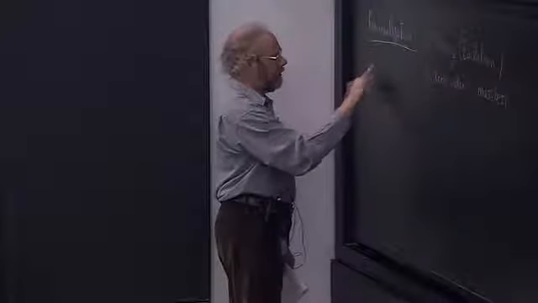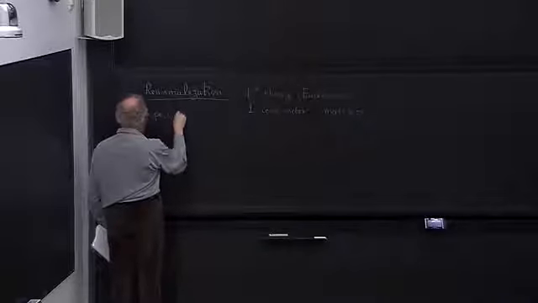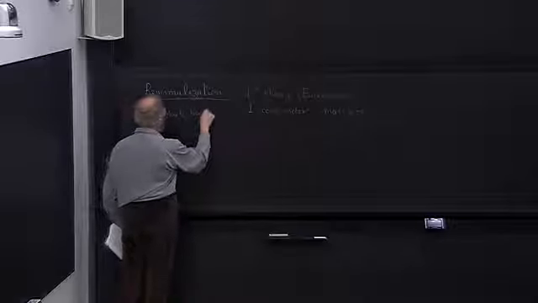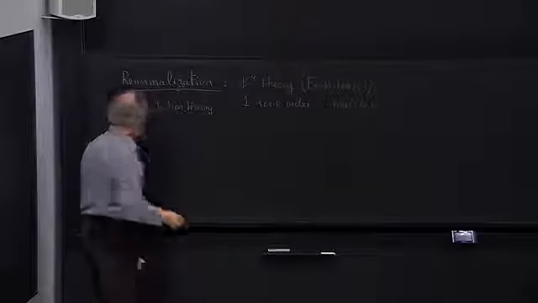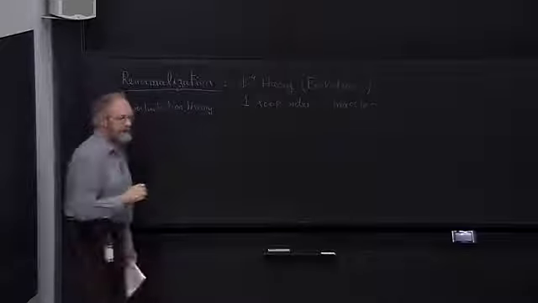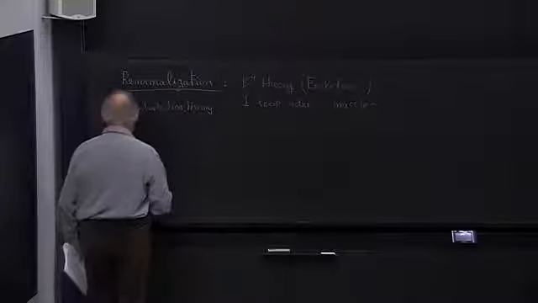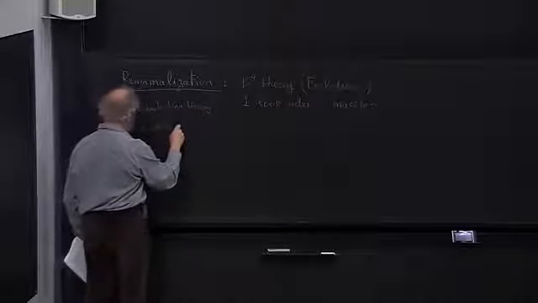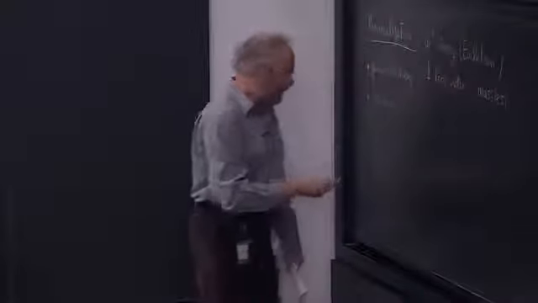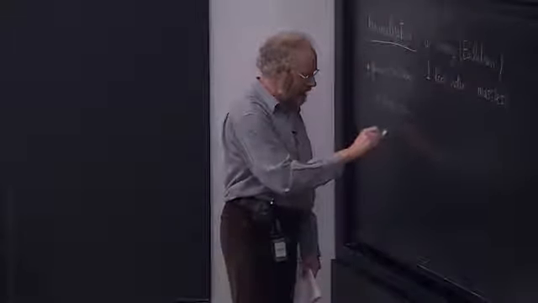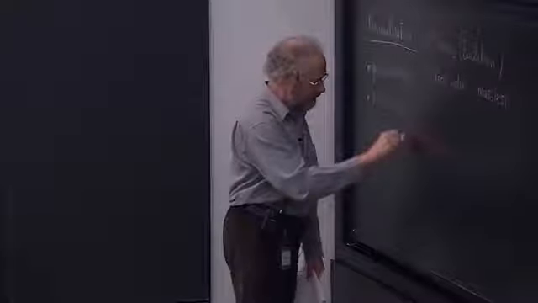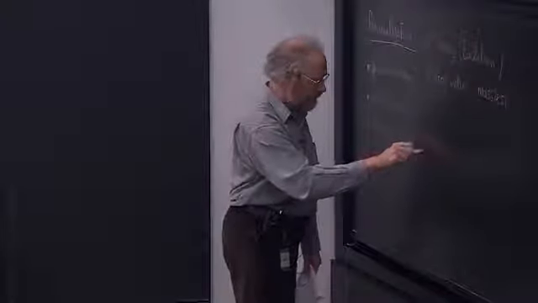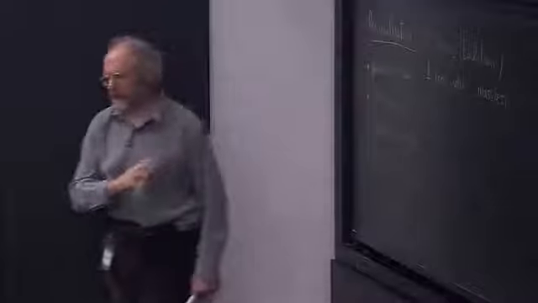Okay, so what I'm going to do first, I just make reminders of the structure of perturbation theory. That's what we did yesterday. Then I'm going to discuss the presence of ultraviolet divergences. And then I'm going to discuss mass renormalization. That's something we discussed on a very crude level yesterday.